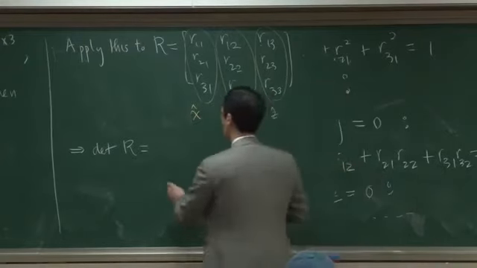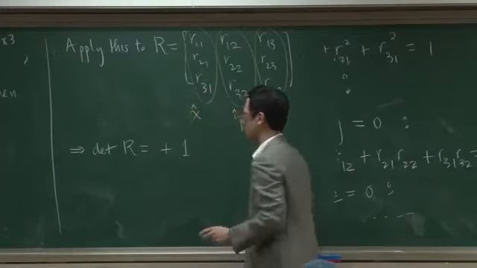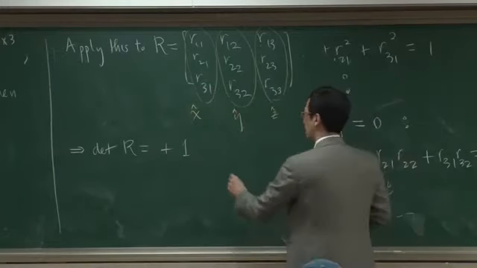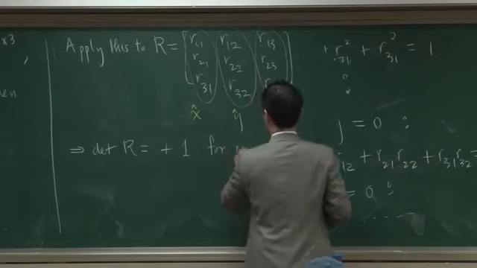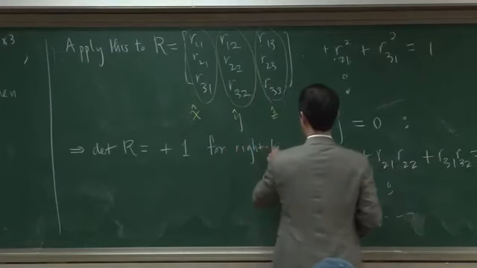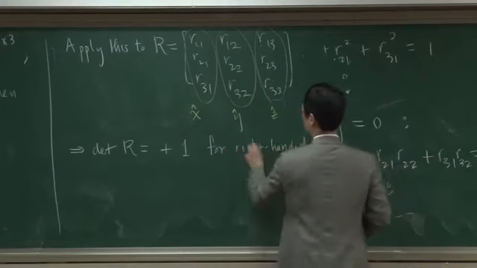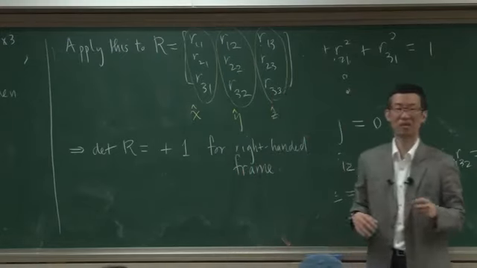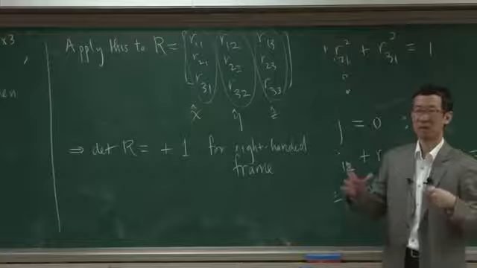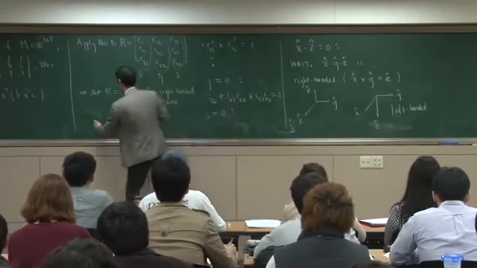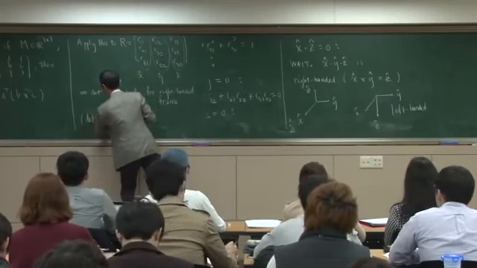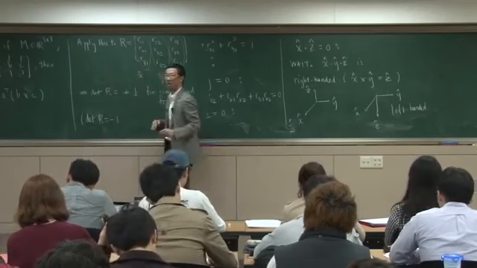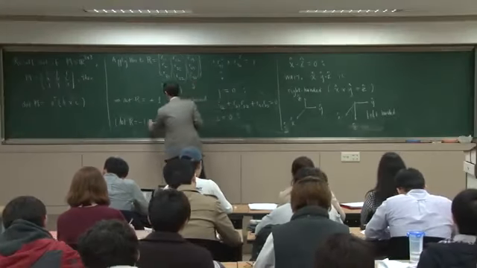So the determinant of R has to be plus 1 for a right-handed frame. What about for left-handed frames? For left-handed frames, the determinant of R equals minus 1.